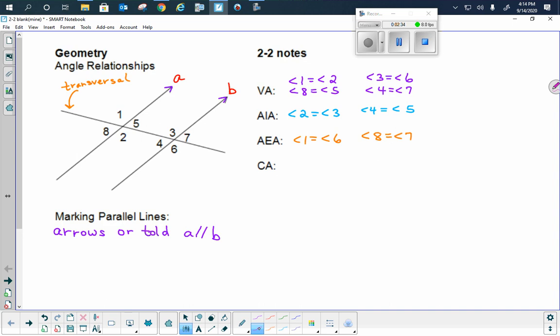Remember, you want them to be in the corresponding or like the same place from the vertex. So angle 1 would equal angle 3. Angle 5 would equal angle 7. Angle 8 would equal angle 4. And angle 2 would equal angle 6.